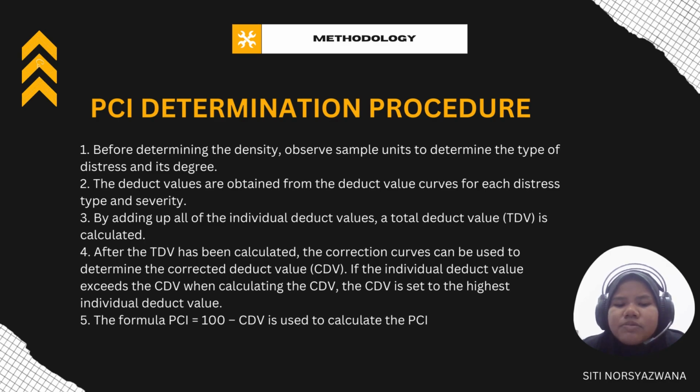After the TDV has been calculated, the correction curve can be used to determine the corrected deduct value, which is CDV. If the individual deduct value exceeds the CDV, then when calculating the CDV it is set to the highest individual deduct value. To calculate the PCI, we use the formula PCI equals 100 minus CDV.